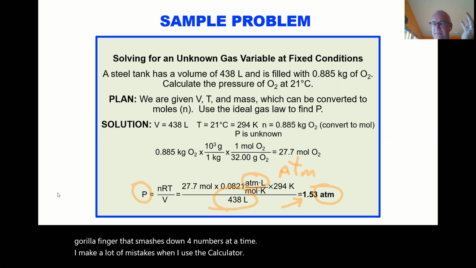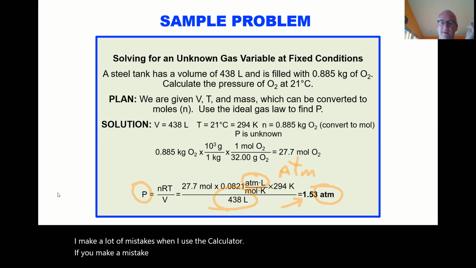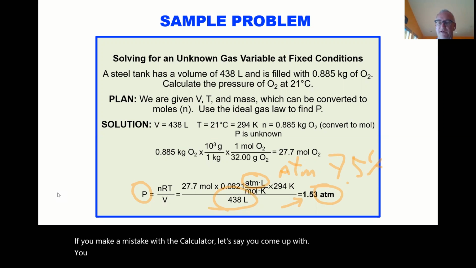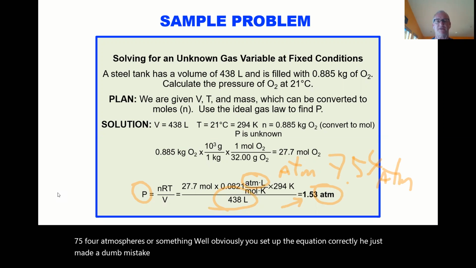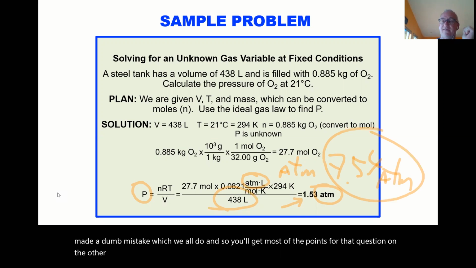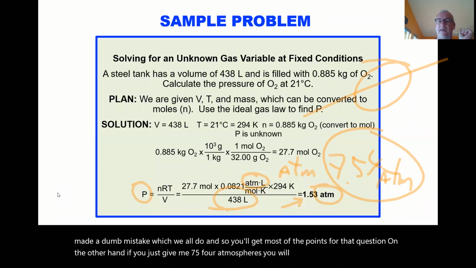If you make a mistake with the calculator, let's say you come up with 7.54 atmospheres or something, well, obviously you set up the equation correctly. You just made a dumb mistake, which we all do. And so you'll get most of the points for that question. On the other hand, if you just give me 7.54 atmospheres, you will get nothing.